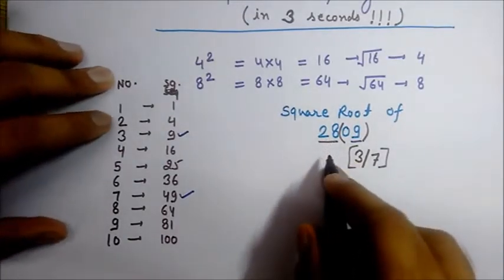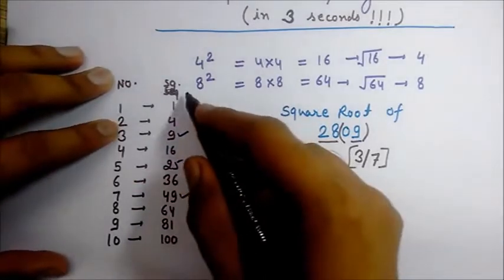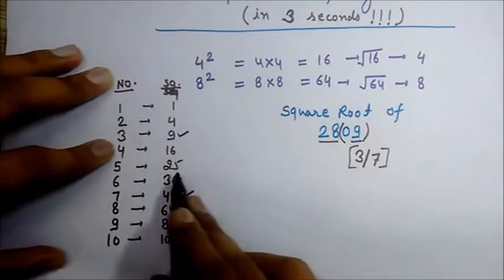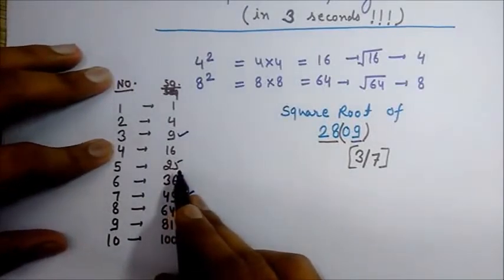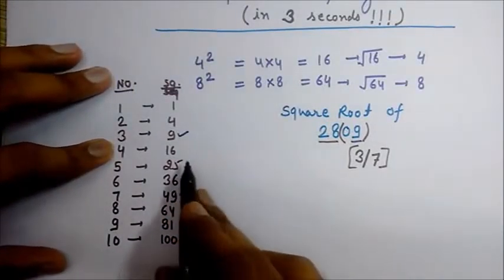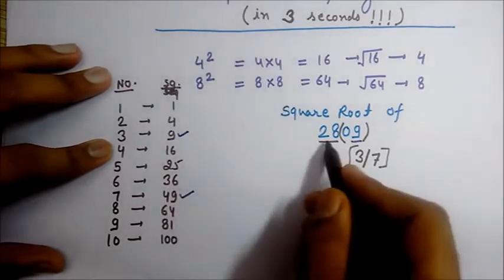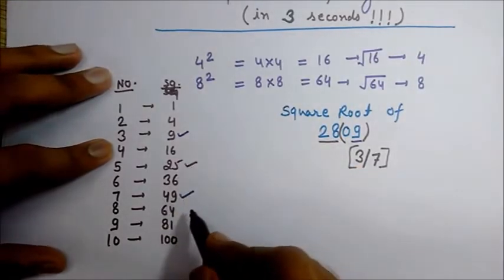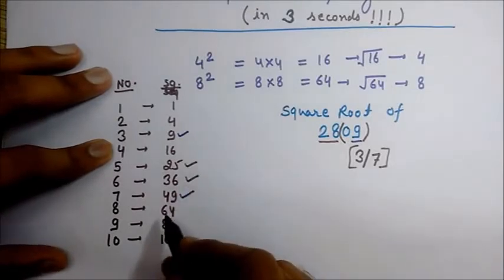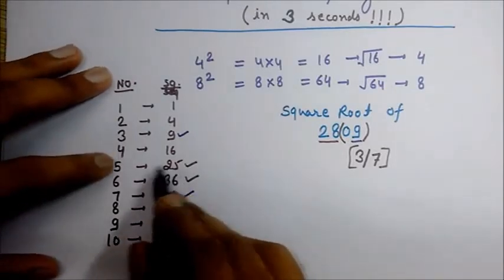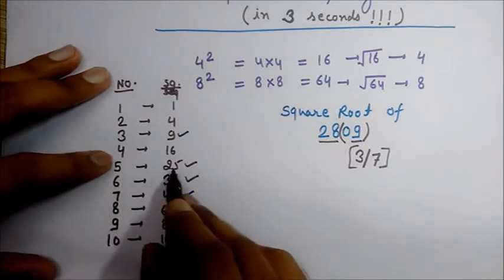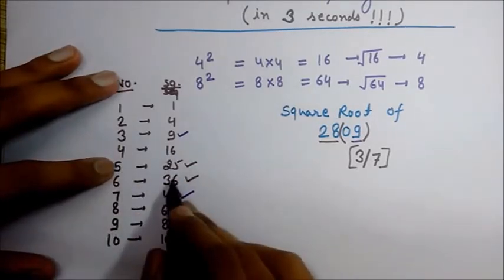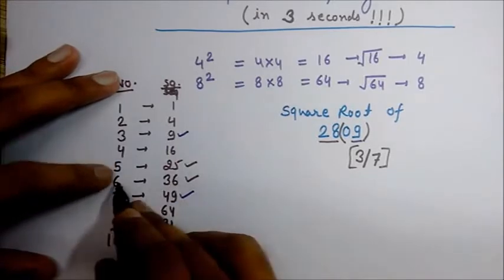Okay, so to find the square root of 28, let's see in this table. This 28 lies between 25 and 36. The square root of 25 is 5 and the square root of 36 is 6.